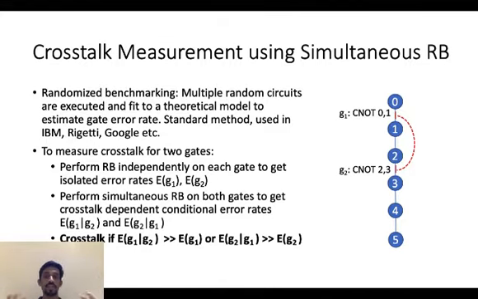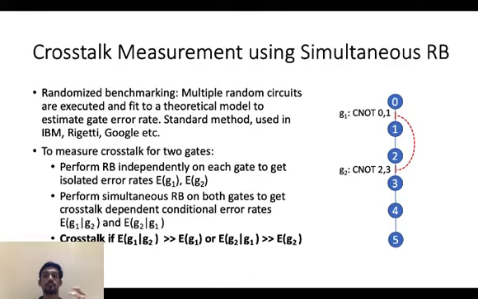RB is a standard technique. It is used in IBM's, Google's, and Rigetti systems. So to measure crosstalk, we first use standard RB to measure the independent error rates of each gate. So EG1 is the error rate of this gate when there's no other operation executed in parallel with this gate. Next, we perform simultaneous randomized benchmarking. So basically, we execute RB on both gates simultaneously.